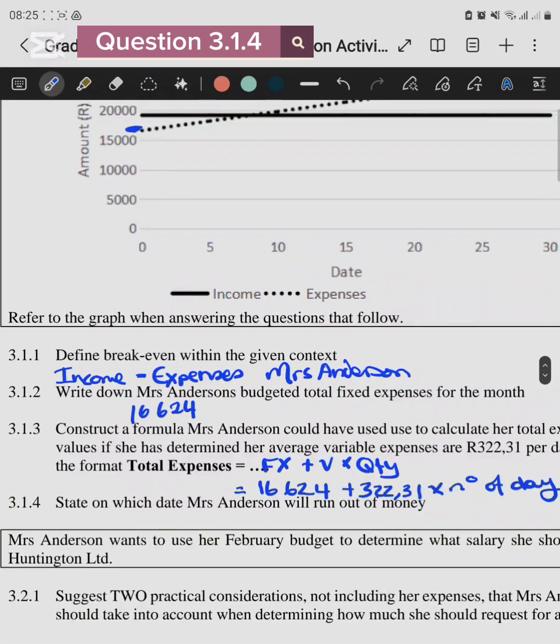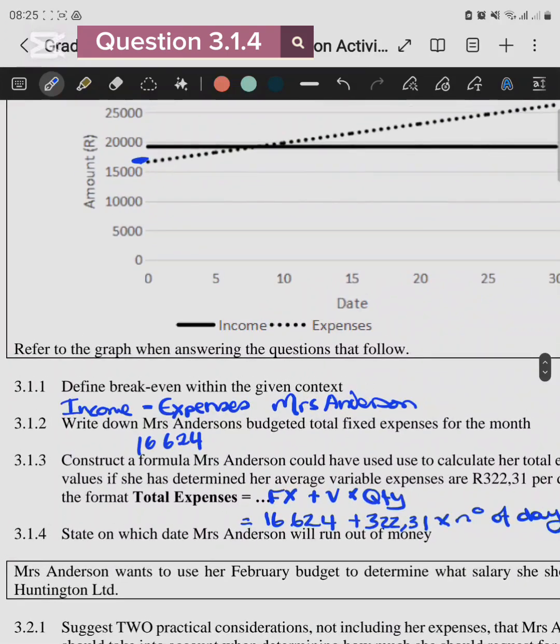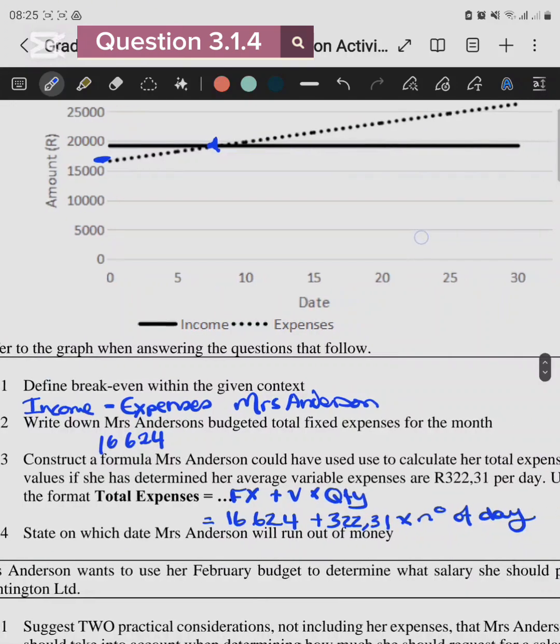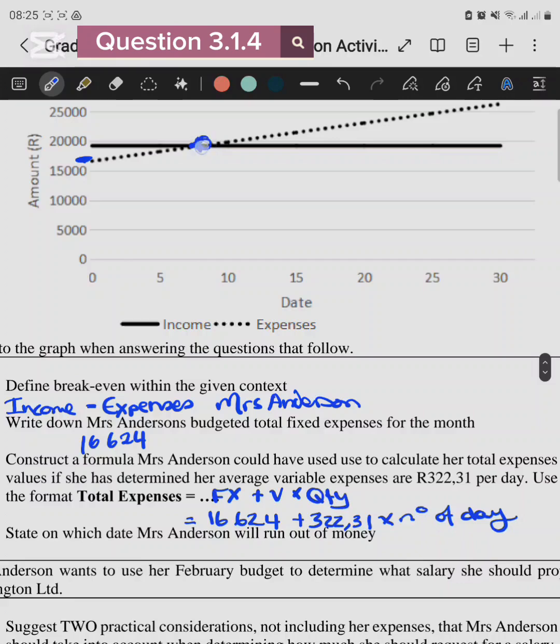Okay. State on which date Mrs. Anderson will run out of money. So this question here, we know will relate to the break-even point. It should relate to this point where they will cross. And this question was poorly answered only by some because we missed out the fact that it is not actually directly over the 10.